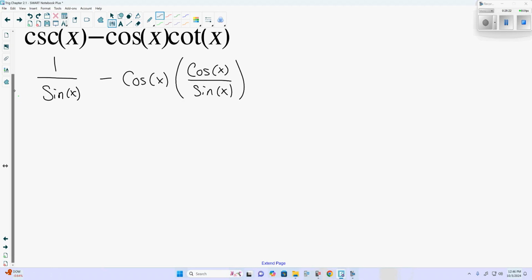I normally try to get them in terms of sine or cosine, especially if we're trying to simplify, reduce, because sometimes it's easier to see what we have. This one's still 1 over sine of x. Minus. If we multiply these two terms here, our cosine of x times cosine of x does give us cosine squared of x over sine of x.